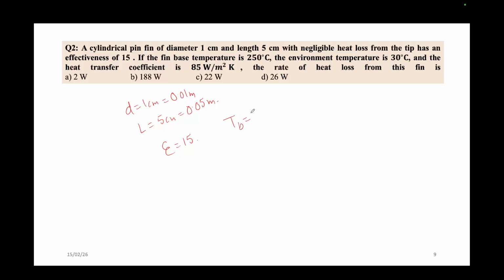Base area is given as 250, T infinity is given as 30 degrees, h is given as 85. So what is the heat loss from this fin? How will you solve it? Can you tell me?